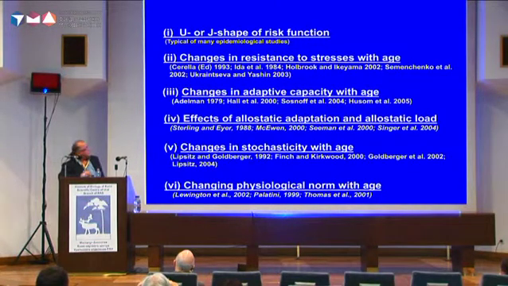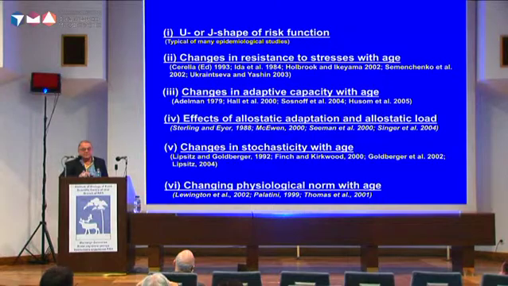We found a possibility for that. Changes in the adaptive capacity with age. Adaptive capacity lowers down with age, we understand that, and how can that be assessed on the basis of longitudinal data?